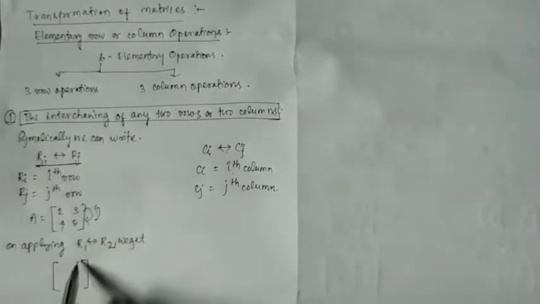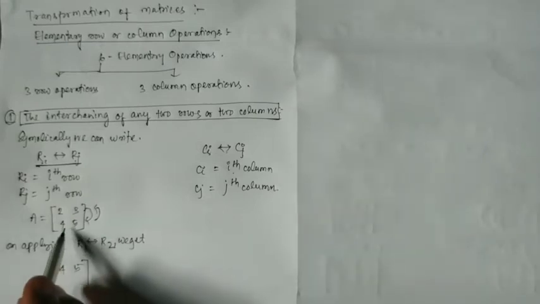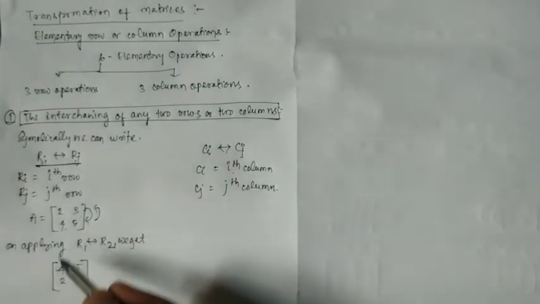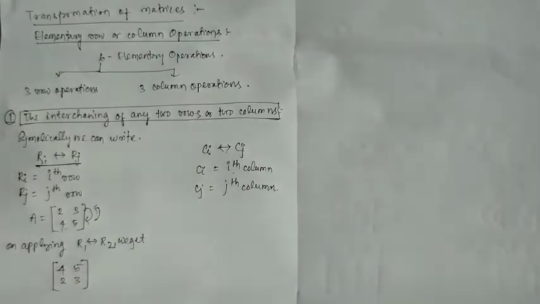That means in place of row 1 we write row 2, in place of row 2 we write row 1. We get another matrix. Just think about it. These 2 matrices are not the same. That means after applying an elementary operation we get another matrix.